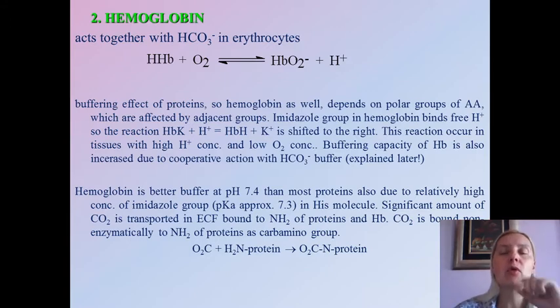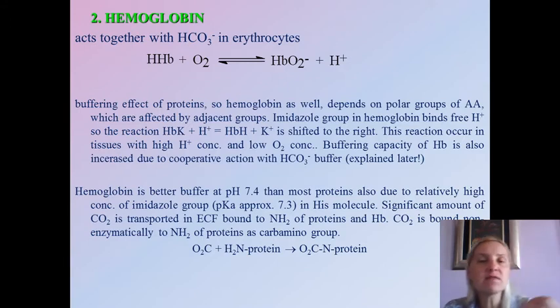But one more piece of information for you, just to remind you about something that you know very well from the general biochem course. You know that hemoglobin is a better buffer than other proteins, and the reason for that is a high content of the amino acid histidine in the molecule of hemoglobin.